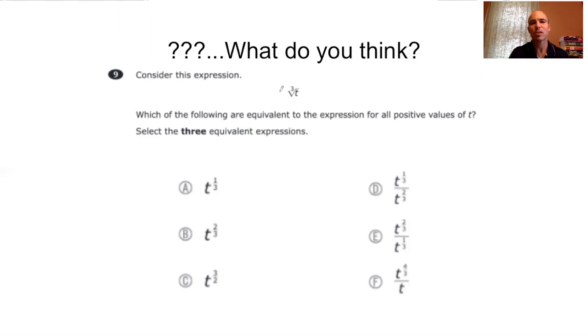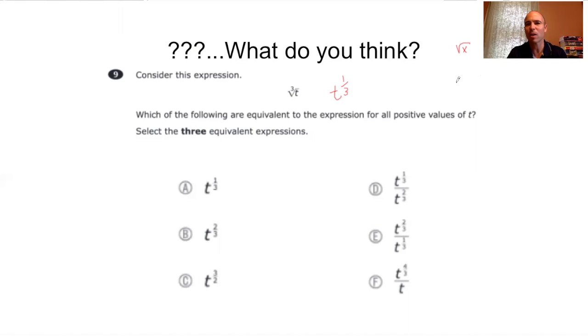Something you may or may not know: the cubed root of t is also t to the 1/3 power. Also, the square root of x, just using a different variable, could also be written as x to the 1/2 power.